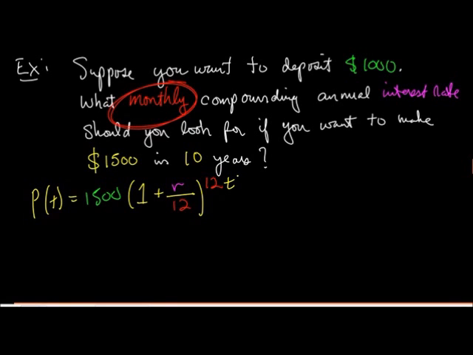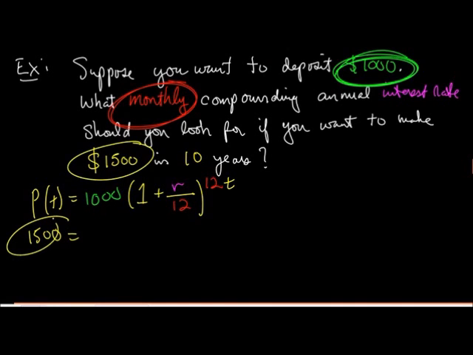And so, since we want to make $1,500 in 10 years, we know that 1,500 has to equal, my bad, we started out with 1,000. Yeah, I just looked at the wrong number. So let me just erase that really quick. So we started out with 1,000. There we go. And we want to make 1,500 in 10 years.